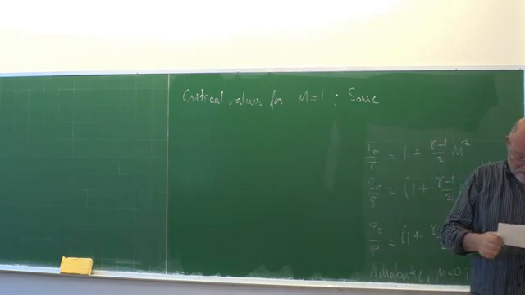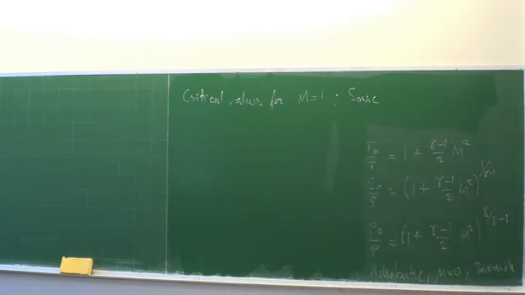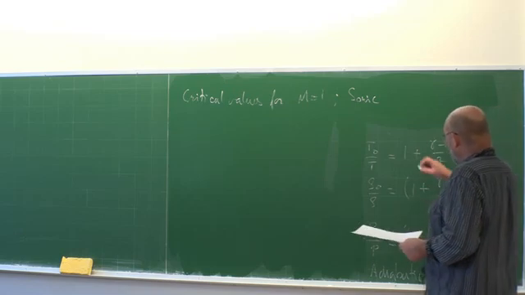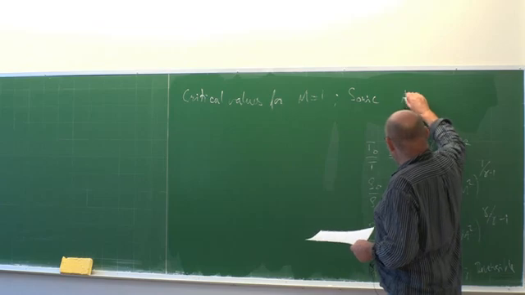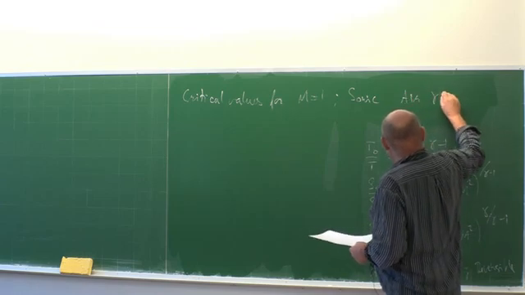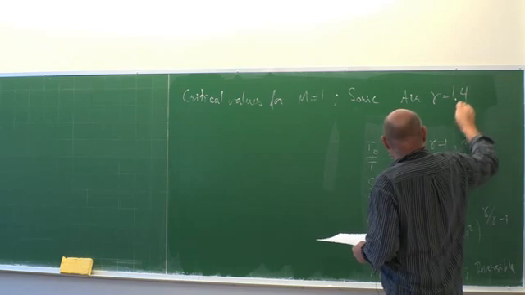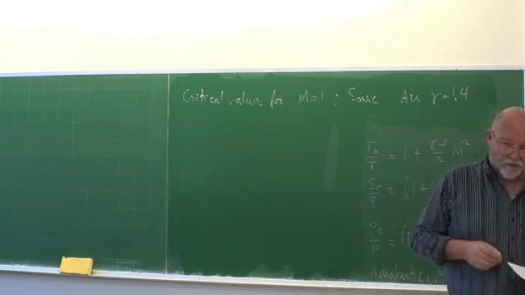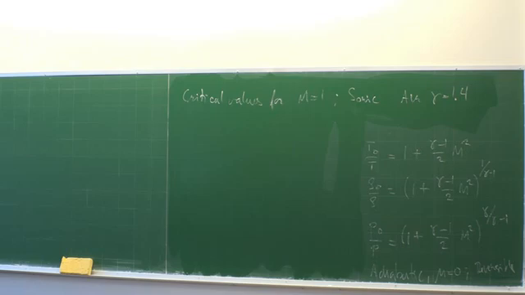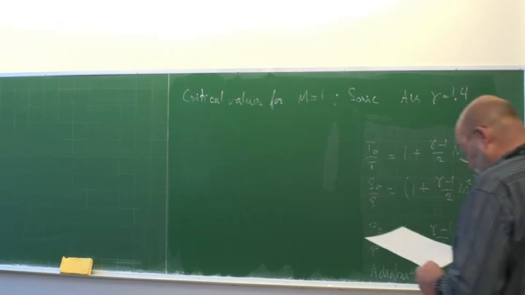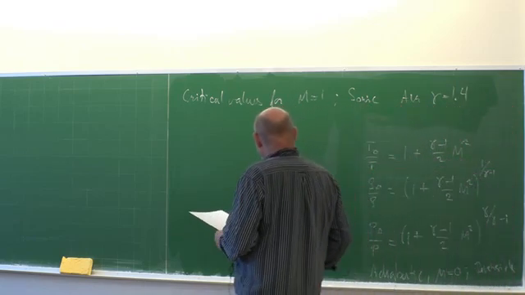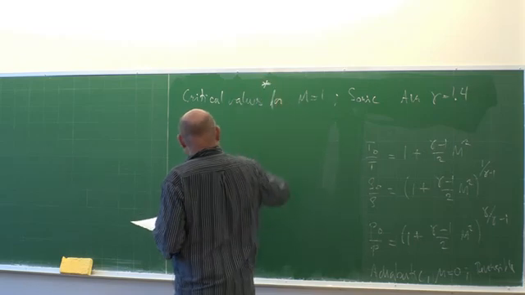And if you now just punch in the numbers, gamma is say 1.4 for air. If you have a different gas, then you have a different number there. I have to look it up. So what will we then have? The critical values. Denote them by star.